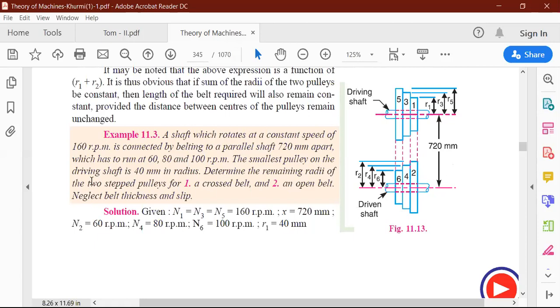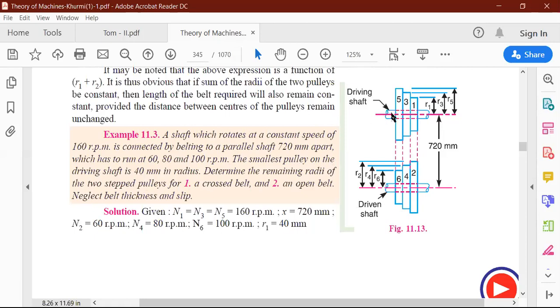Which has to run at 60, 80 and 100 rpm. Okay, so these pulleys are rotating at 60 rpm, 80 rpm and 100 rpm. Determine, if the smallest pulley on the driving shaft is 40 mm in radius. So this is a very important term. See, the smallest pulley on the driving shaft.